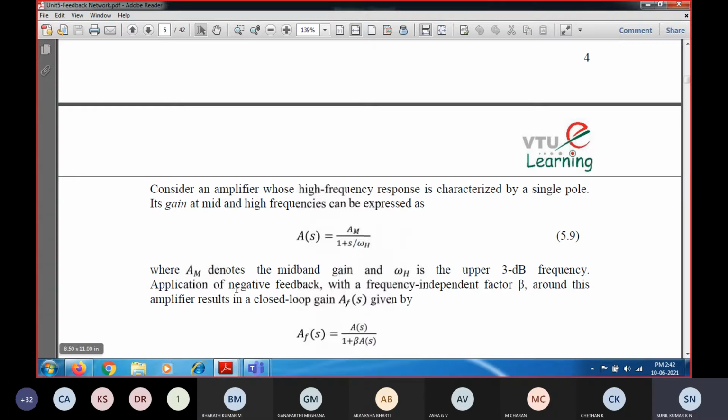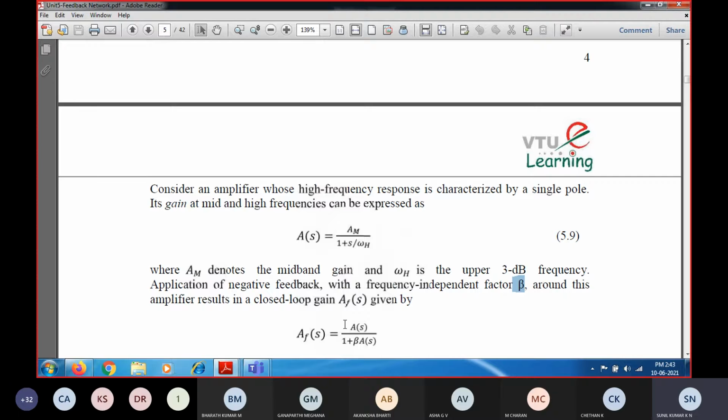So now when you employ negative feedback with the frequency independent factor beta, beta will be independent of frequency because it is made up of passive components. Assuming that it is a frequency independent factor beta around the amplifier, the gain which you will be getting with the feedback is AF.